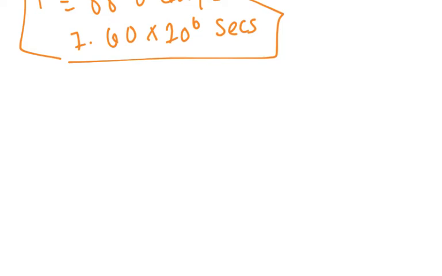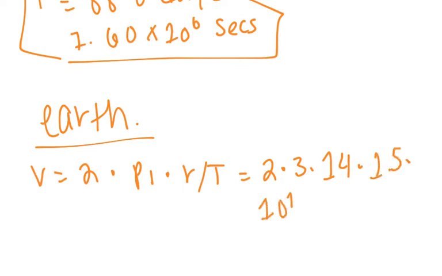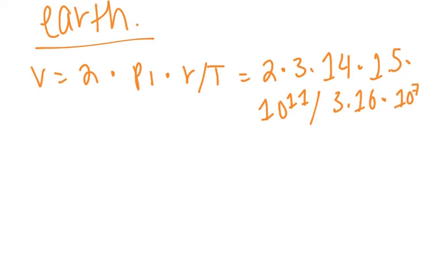So for part A, for Earth, the answer is v equals 2 times pi times R over T equals 2 times 3.14 times 1.5 times 10 to the 11th power over 3.16 times 10 to the 7th power, which equals 2.98 times 10 to the 4th power meters per second.